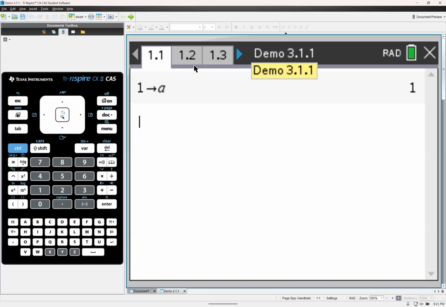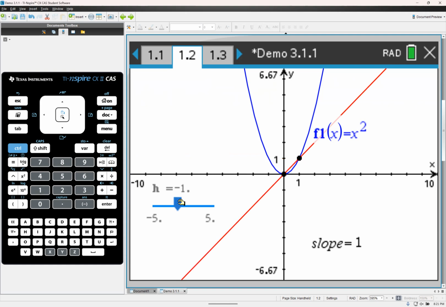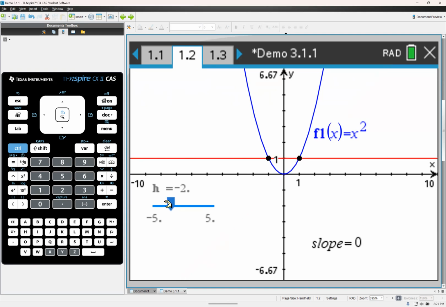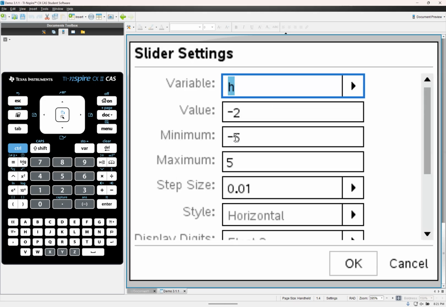On this calculator, I have a function drawn in blue. I have a secant line, drawn in red, and I have this little slider here, which allows me to move those points closer to each other. Let me make sure my settings are good. So the step size is 0.01.